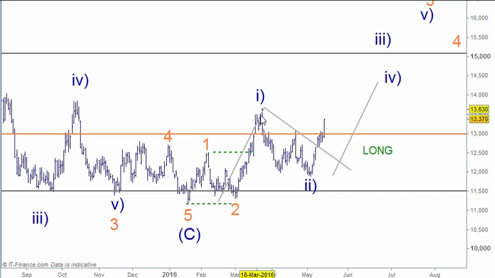The difference between this correction in 3 waves and this one in 3 waves is that this one is much bigger than the previous one. So it must mean that the market is expanding to the upside.